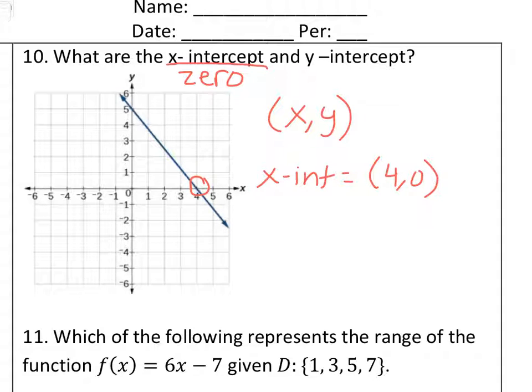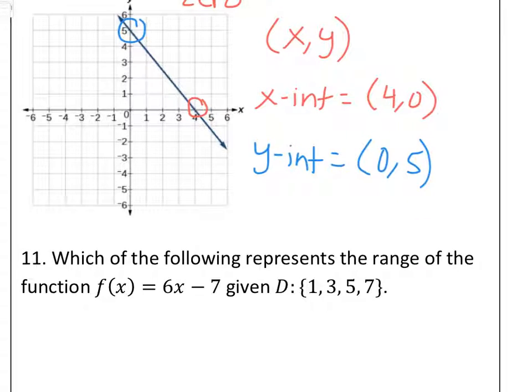The x-intercept always has the zero last, and the y-intercept has the 0 first. All right, and then the y-intercept is where it crosses the y-axis, and so that's going to be 0 comma 5. Okay, so that covers x-intercept and y-intercept.